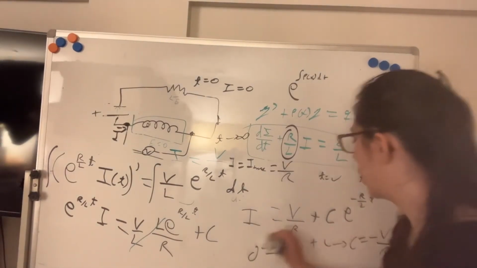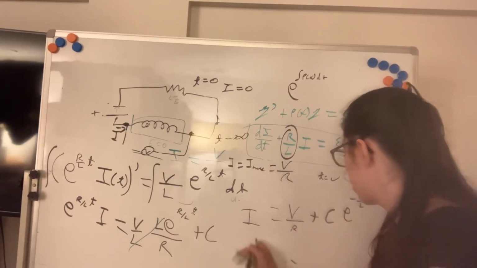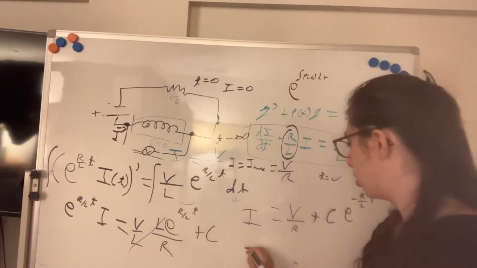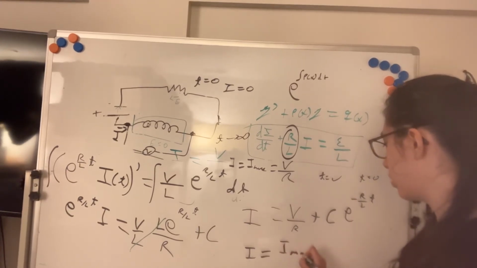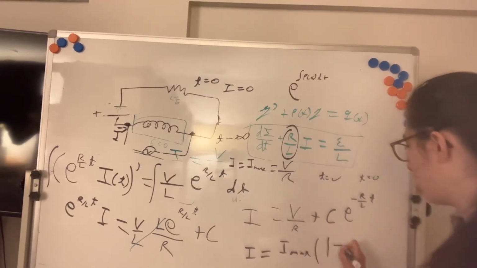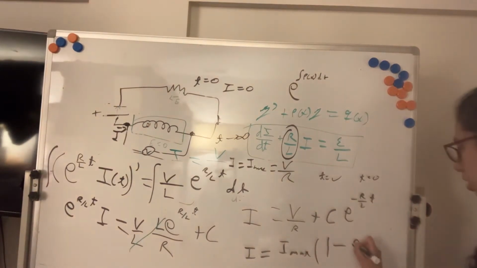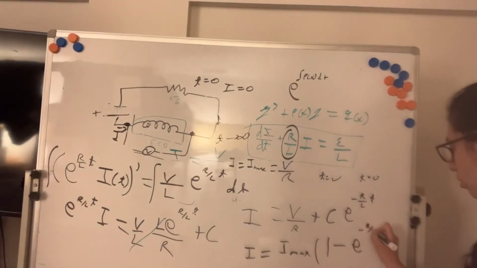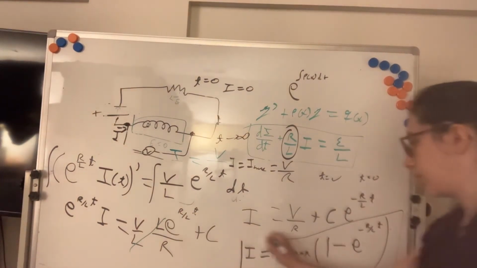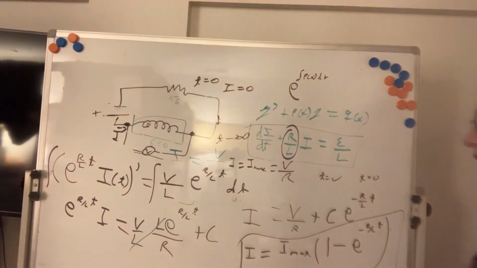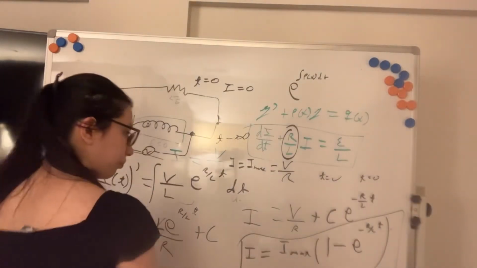So we have I is equal to the maximum current times 1 minus e to the negative (R over L)t. And this is the solution to the differential equation for an RL circuit.